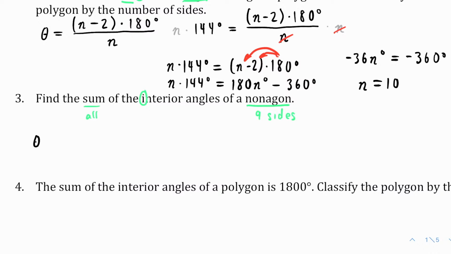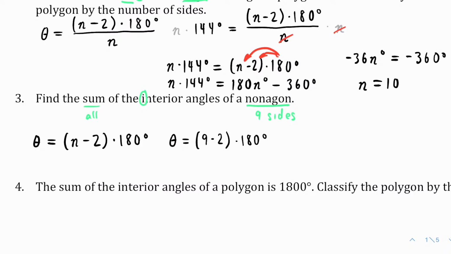So our formula here is very similar to the formula that we've been using, just without dividing by n. So theta equals n minus 2 times 180. So we know what n is, that's the number of sides, that's 9. So we can say that theta equals 9 minus 2 times 180.